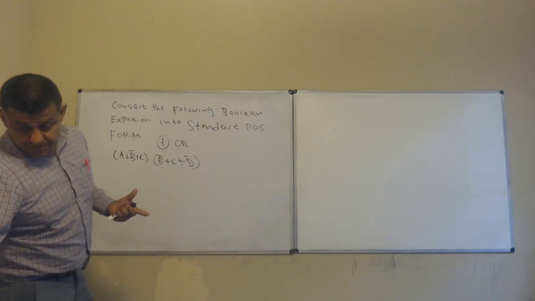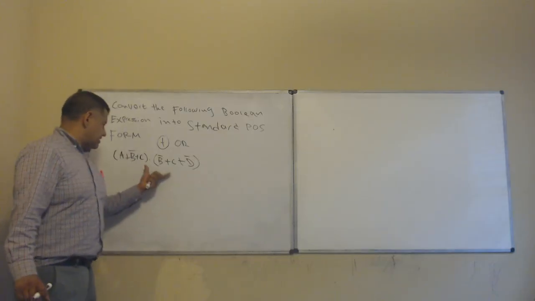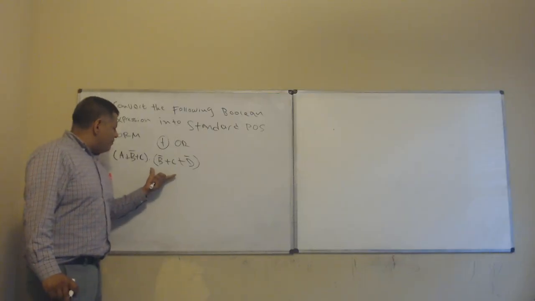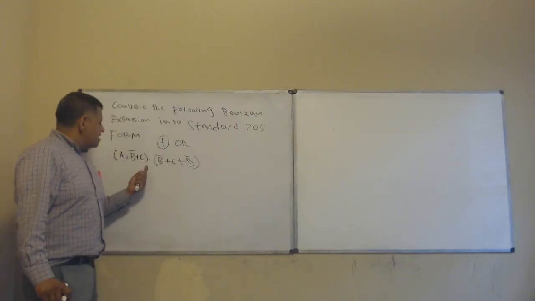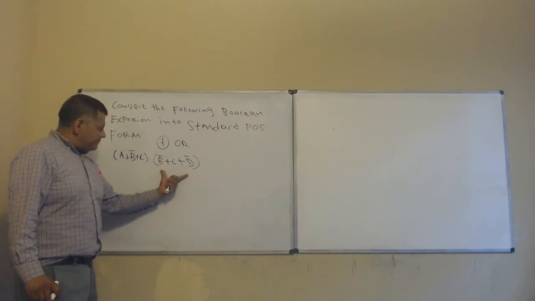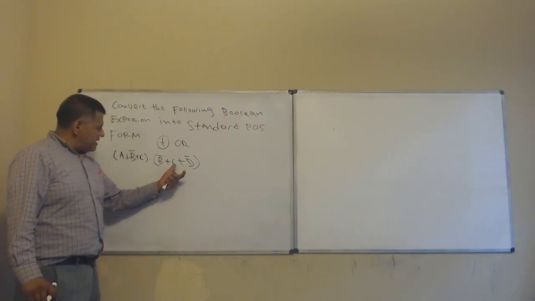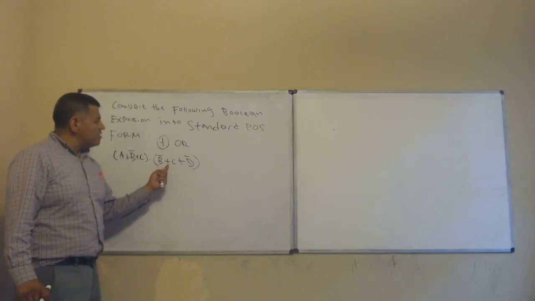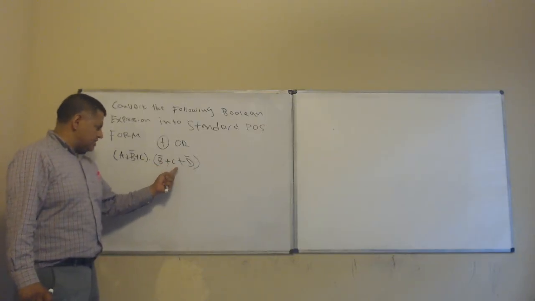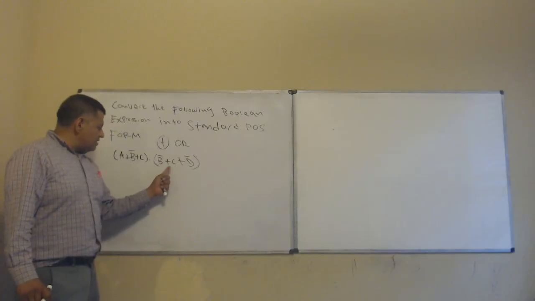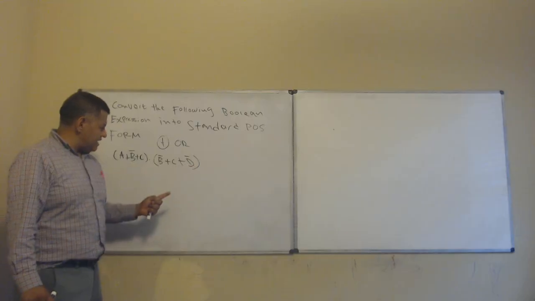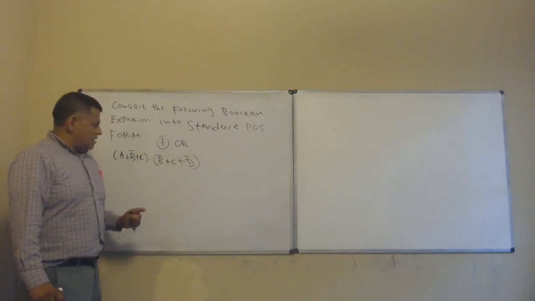In the last term, let me explain this in a couple more minutes. Right now we have this term with B, C, and D, and again an OR, or you can say a plus: not B plus C plus not D.